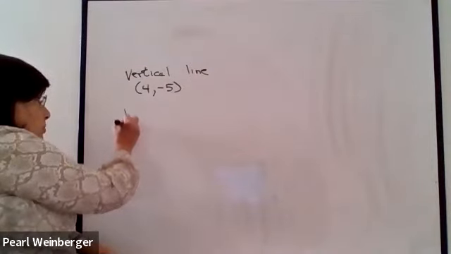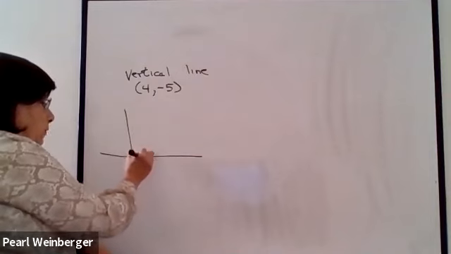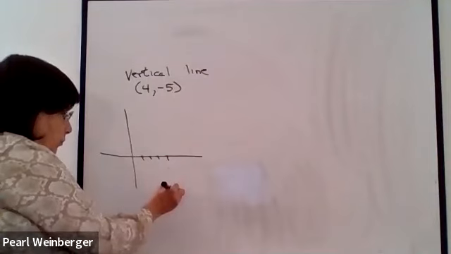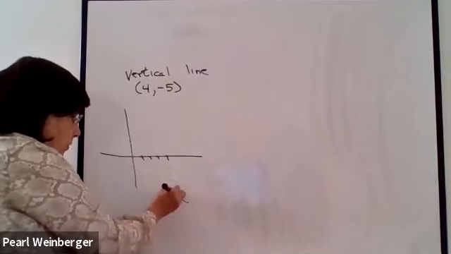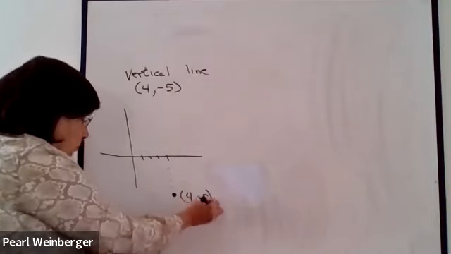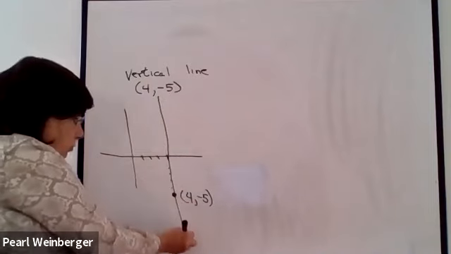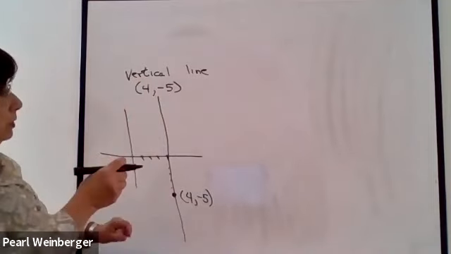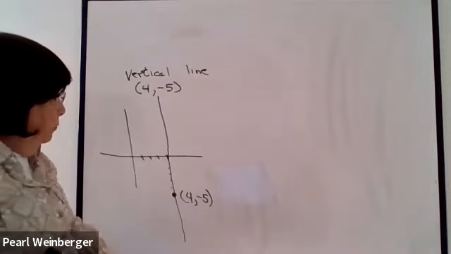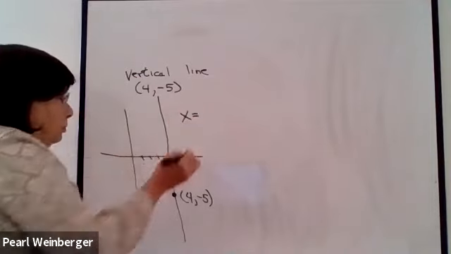So let's just do a sketch of this. Here's the point (4, -5). It's 4 to the right and 5 down. This point. And this is the vertical line. Remember, the word vertical means straight up and down. Also a reminder that when we have a vertical line, its equation is x equals a number.